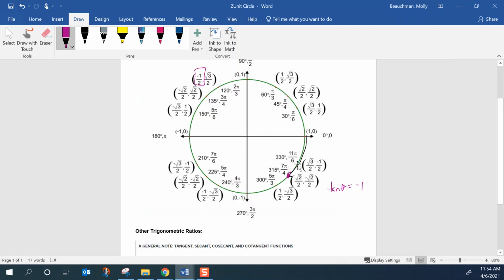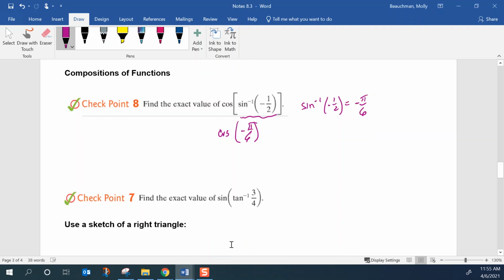And the cosine of negative pi over 6 is square root of 3 over 2. So work from the inside out. Find the inverse sine of negative 1/2, what angle measure that is, then find the cosine of that angle.